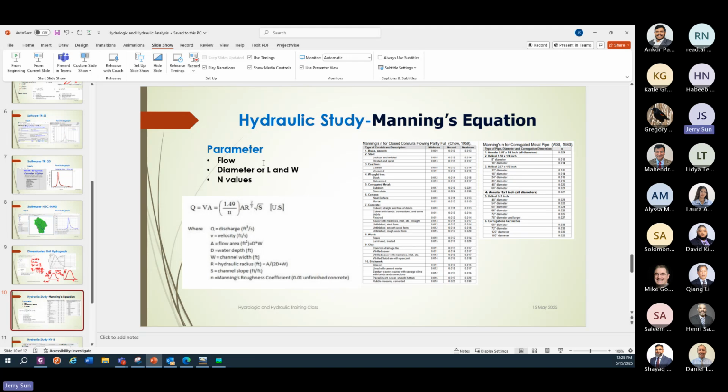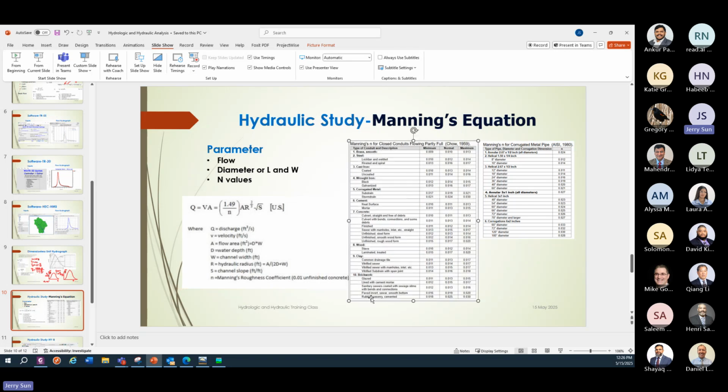So the basic theory is simple. Just use the Manning equation. The Manning equation, I think most people are familiar with. The critical parameter is the n values. The n values are pretty standard.